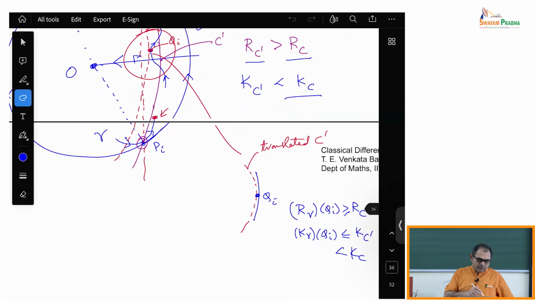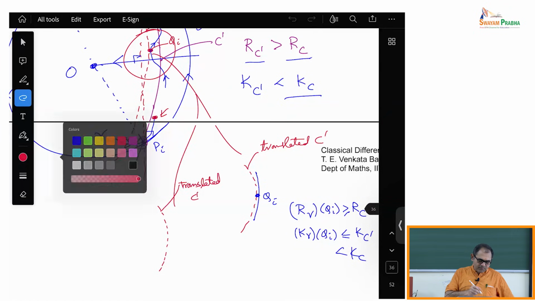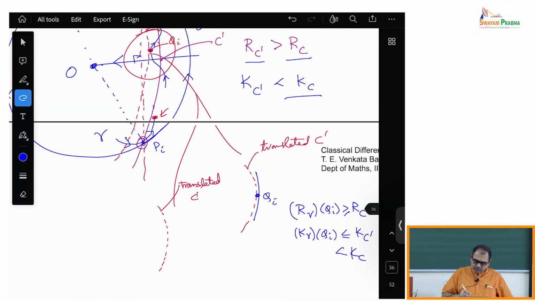Okay. The other possibility is that it could also be like this. You could have this kind of a case where, if this is the translated C prime, then you could have had a bump like this. So here this is gamma, here also this is gamma, and this is your Qi.